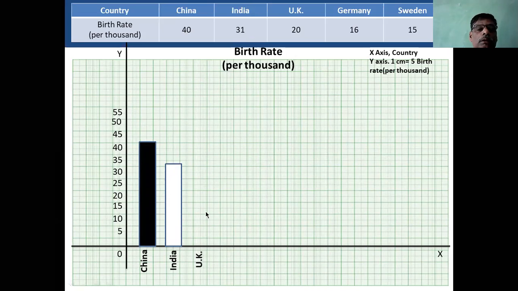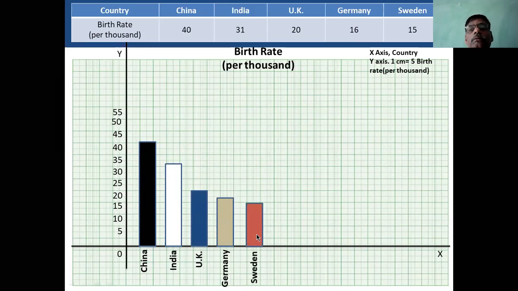Then the third is UK. UK's birth rate is 20. Then next is Germany. Germany's birth rate is 16. Up to 16 you mark. Then Sweden's birth rate is 15.